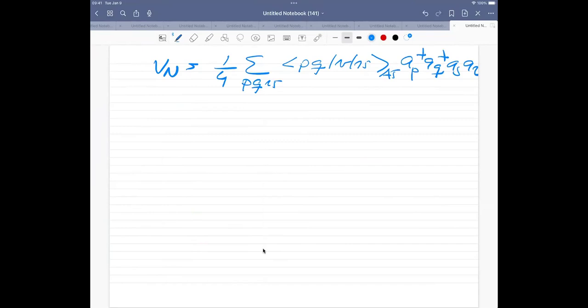So what we did yesterday was actually to start looking at these expectation values to second order in perturbation theory. So let's look at this from a more diagrammatic, physical point of view.